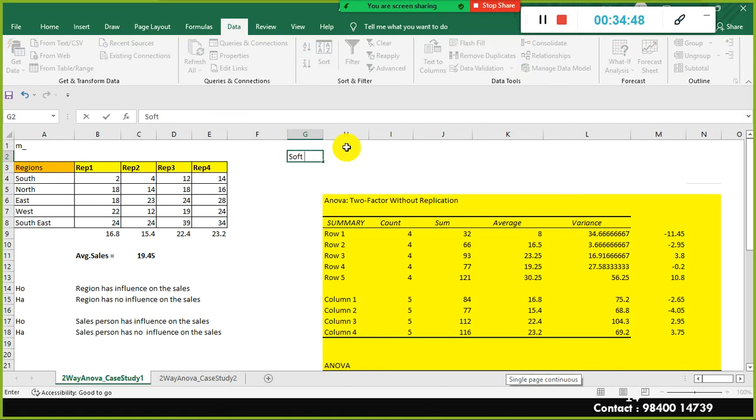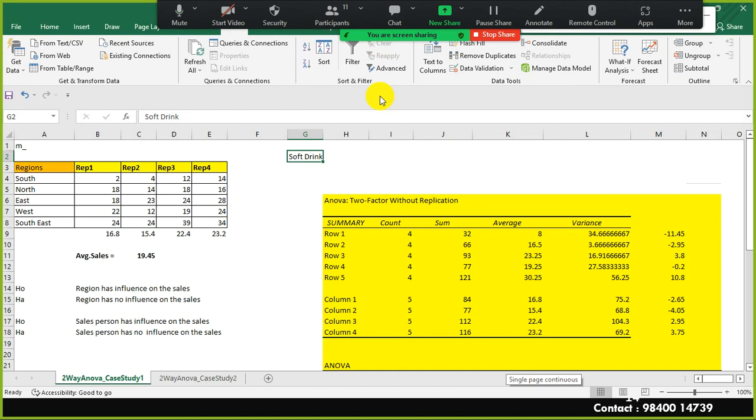I don't want to promote this one. So you launched a soft drink, and you wanted to take stock of how much we sold in each region. Now we want to understand, is the soft drink selling well because of the region, or because of the salesperson? If you get to know the sale is more because of the region, what is the next action that you do?